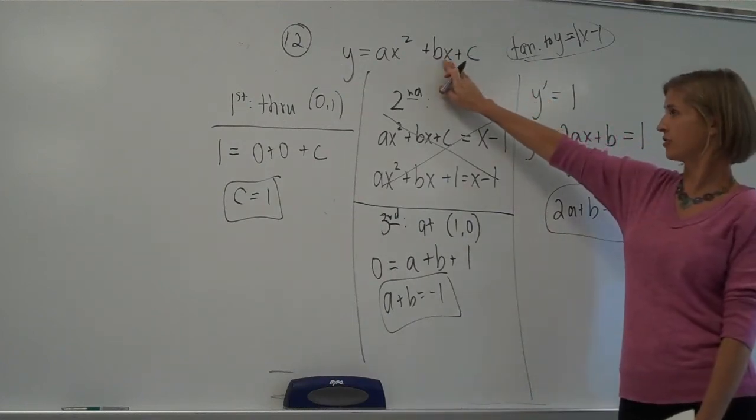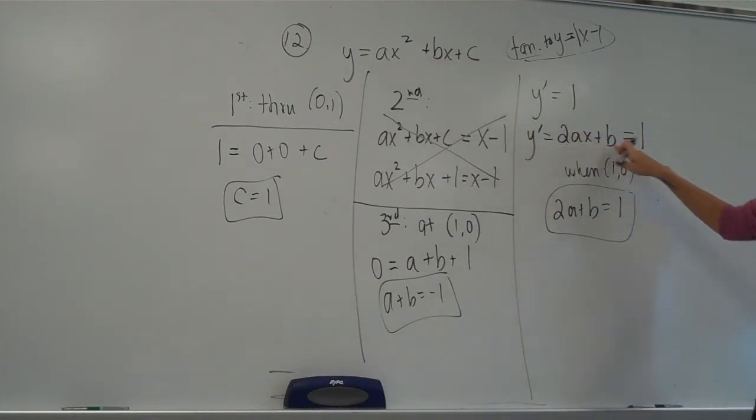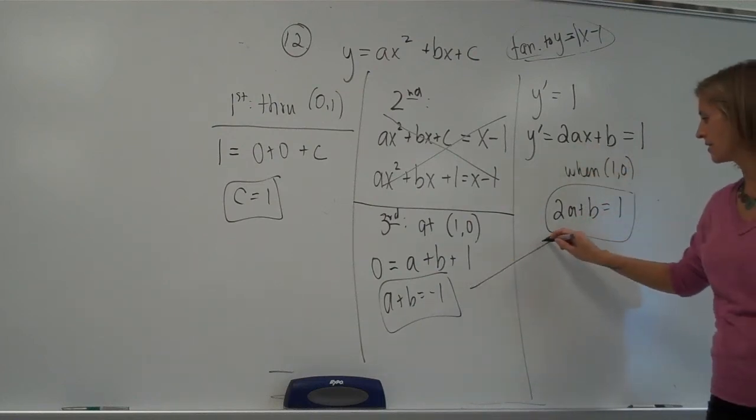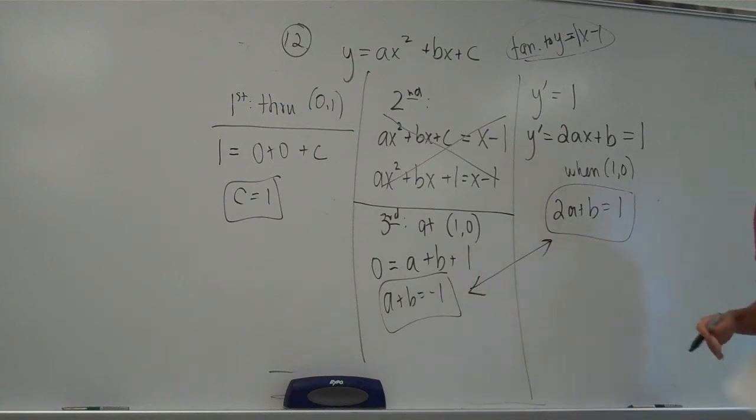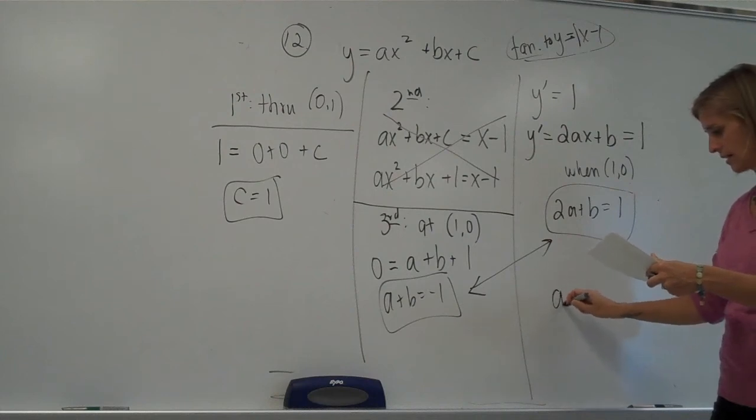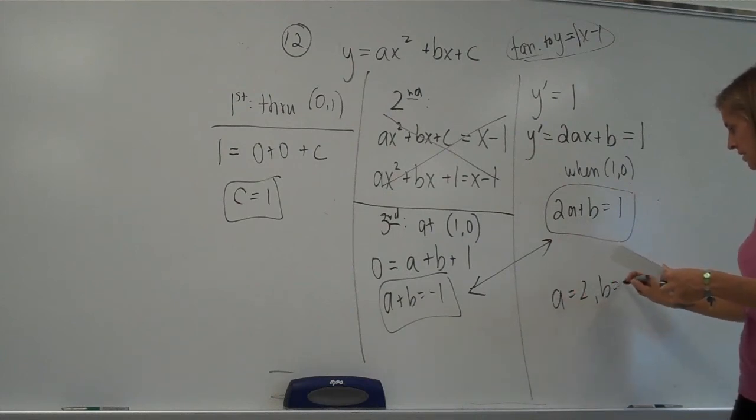So I take the derivative of this parabola, it must have a slope of 1 when x equals 1. So when I plug in 1 for x, I have this. Now I solve these simultaneously, do substitution or whatever, and I get a is 2 and b is negative 3.